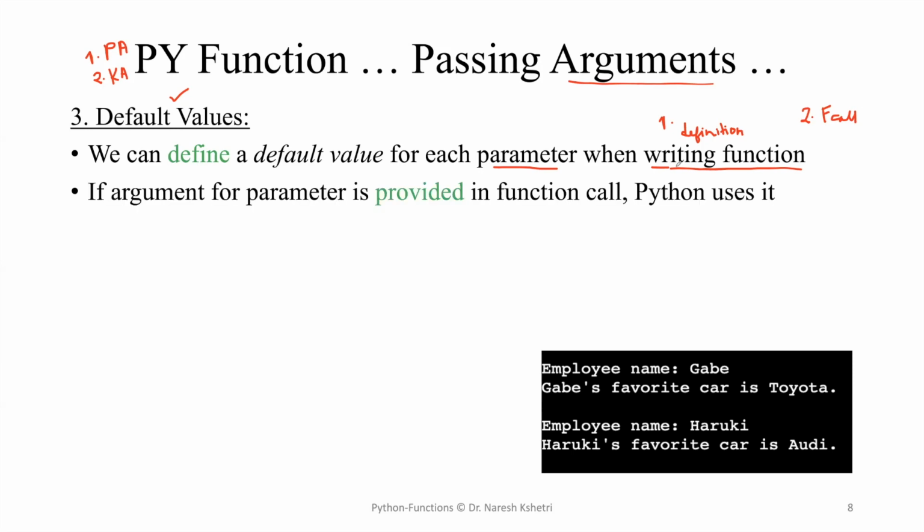If arguments for the parameters are provided in the function call, Python uses those and doesn't use whatever is defined in the function definition. The default is used, but if a value is provided in the function call too, it will override that.